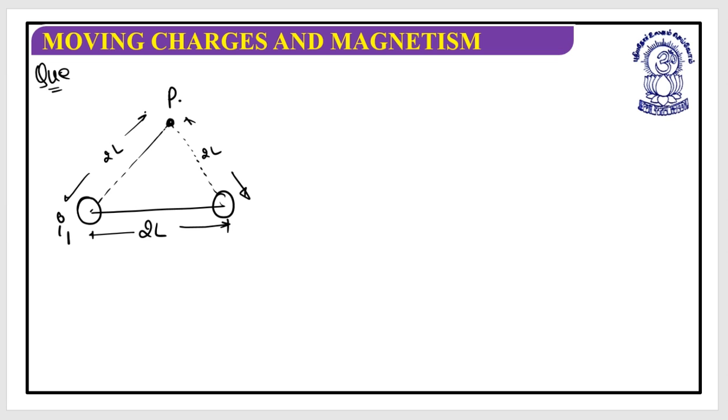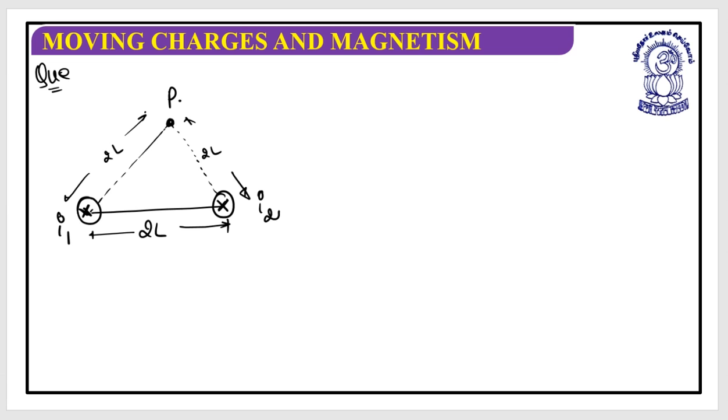This is current I1, this is current I2. This current is flowing in the downward direction, and let's assume that at first this current is also moving in the downward direction.